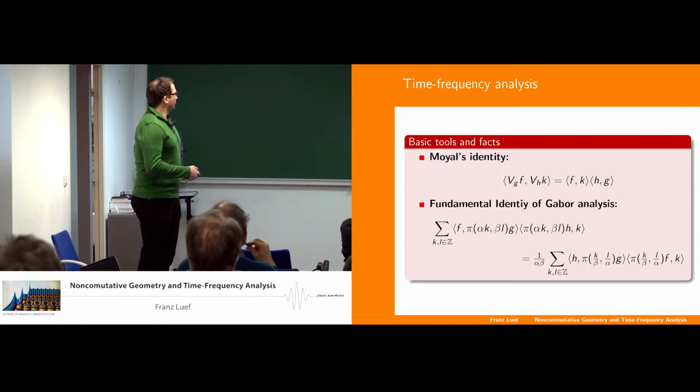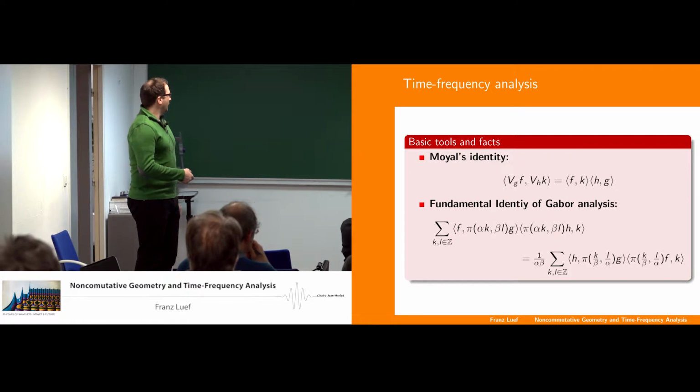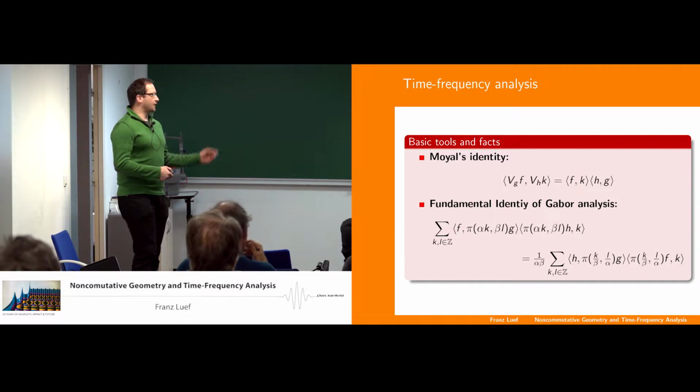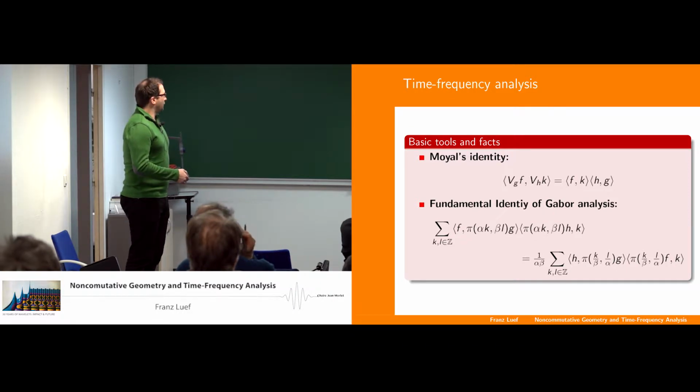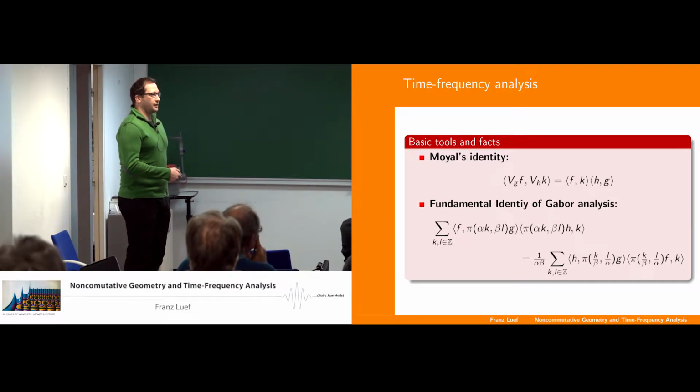Or you use the Poisson summation formula for the symplectic Fourier transform and look at what the symplectic Fourier transform of the product of two such things is, and then you realize that the corresponding lattice that you get to your given lattice is this adjoint lattice. In this way you get what's called the fundamental identity of Gabor analysis, and that's precisely the relation you need to write down the Janssen representation.